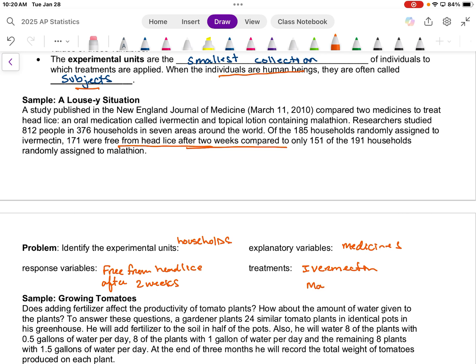Anybody remember what ivermectin was also used to treat? Anybody heard what it was also used to treat, out of curiosity? Some doctors prescribed that to treat COVID when COVID first came out.